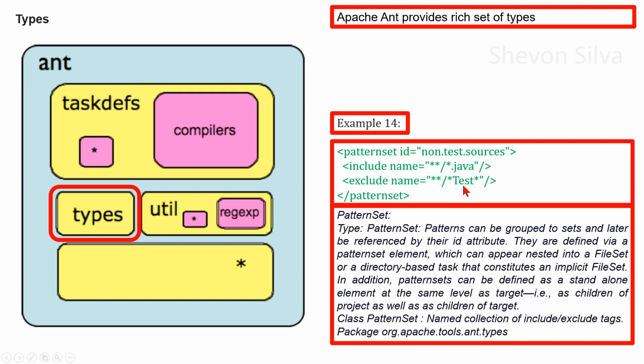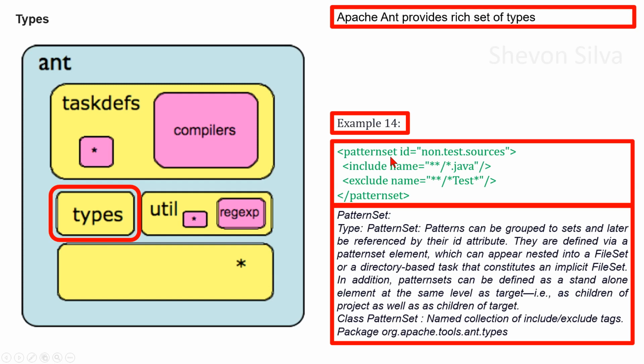This set can be referred to via patternset refid equal nonTestSources by a task that supports this feature or by file sets.